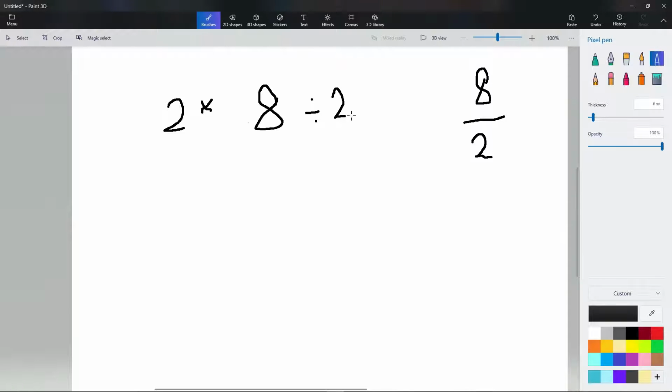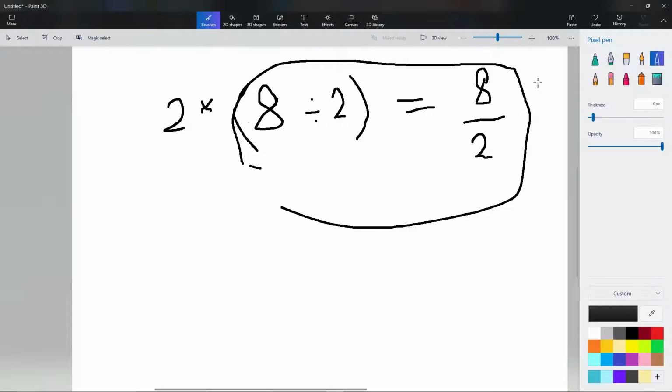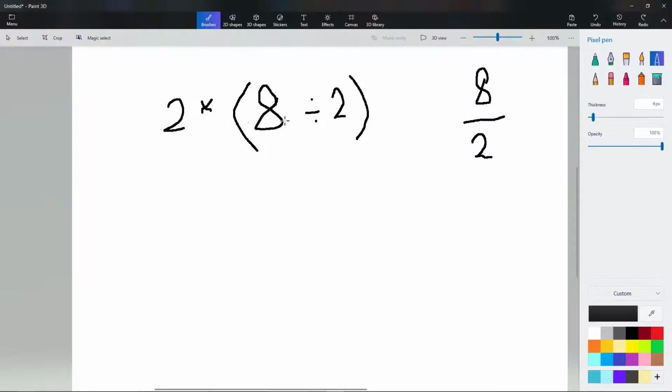The reason is that this implies a priority problem. This needs to be done first. And it understands that there are actual parentheses here, which then this would be true. They'd both be the same thing, but only if these parentheses are here.